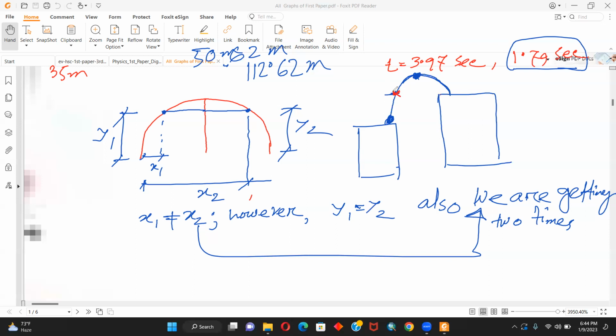Yes. To reach this point, it will take 1.79 seconds. All right. Got my point? I do. And to reach this particular point, it will take 3.97 seconds. Is it correct? Yes. So that means what will be our answer? Our answer will be 3.97 seconds.